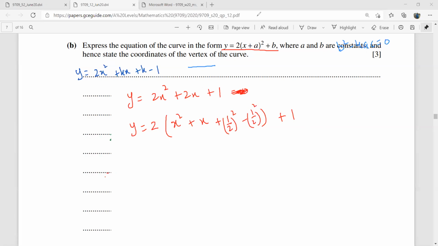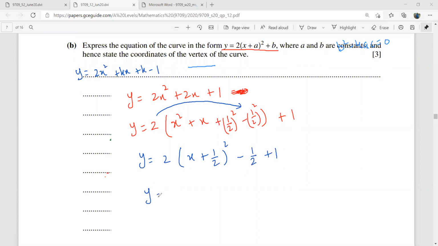So this will give you y equals 2 into (x plus half) whole square. And then this 2 will be multiplied by this: 2 into minus 1 by 4 will give you minus half, then plus 1.